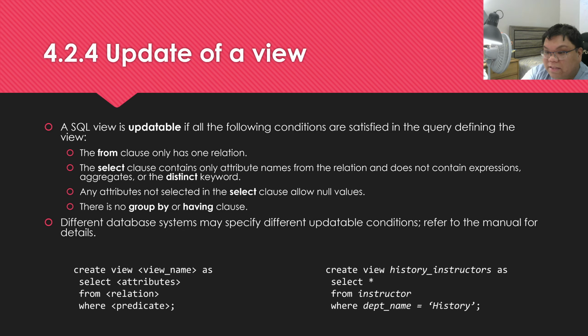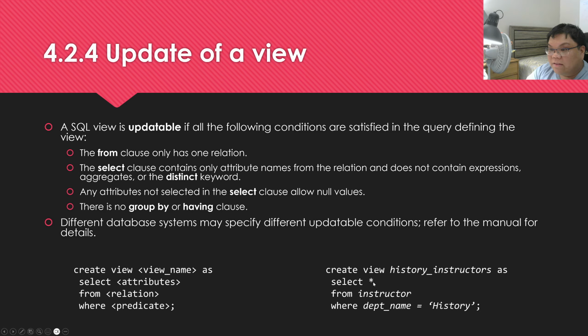So a view such as this, create view history instructors as select star from instructor where department equals history. This is an updatable view because it satisfies the 4 conditions listed up here. The from clause only has one relation. Check. The select clause only contains attribute names from the relation and does not contain expressions, aggregates, or the distinct keyword.